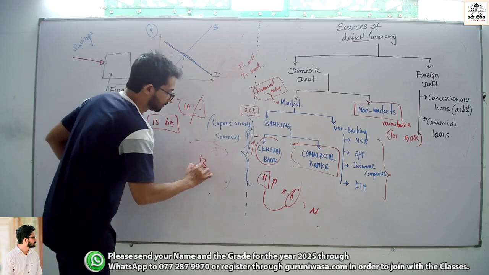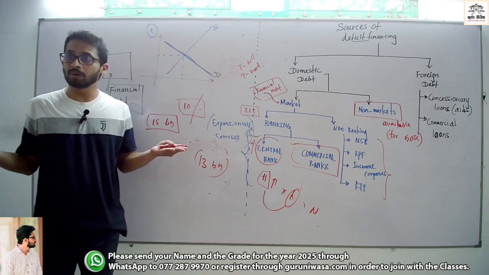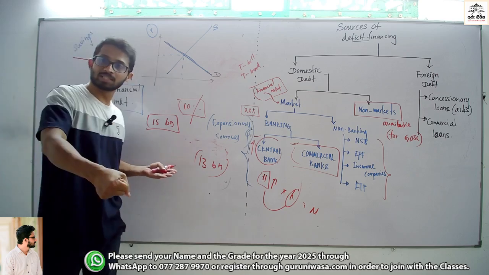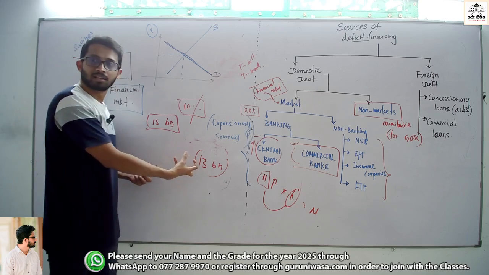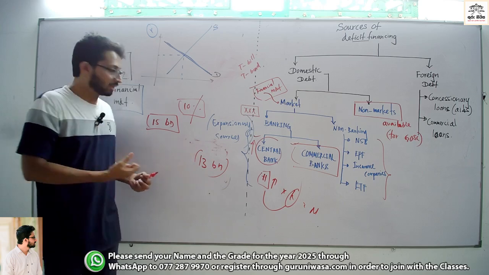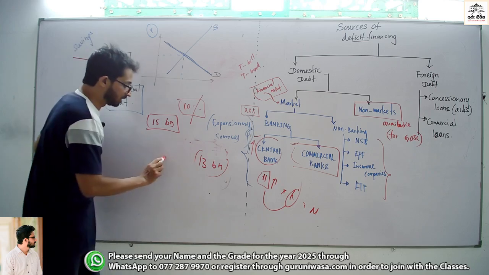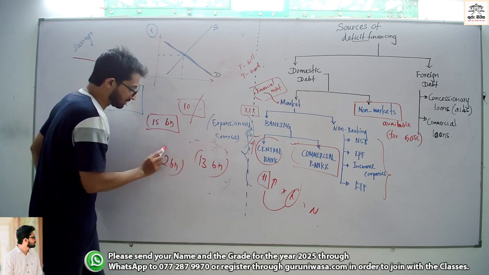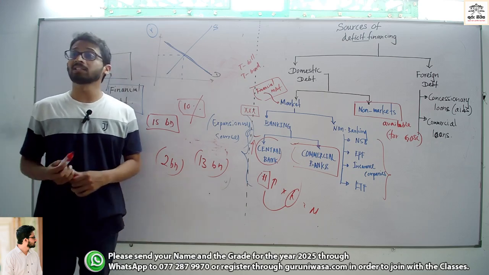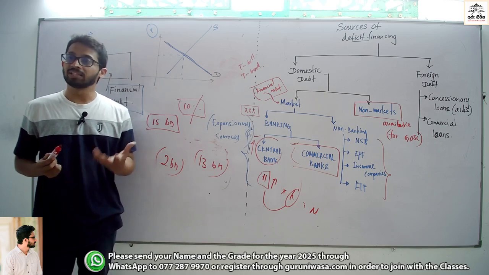The government, the superpower, puts its big hand and gets more loanable funds from this financial market. Then only 2 billion of funds are available for the private sector. Then the private sector will end up with a lack of funds.